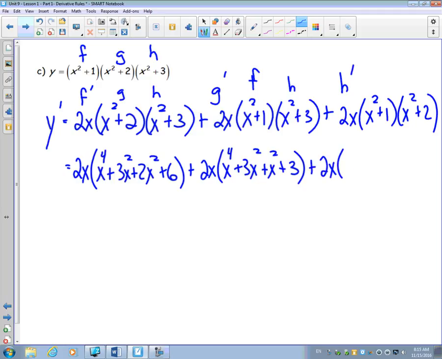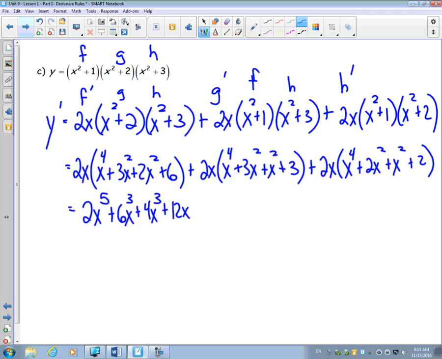And the last one, x to the 4, 2x squared, x squared, and 2. I can multiply everything through by the 2x for each set of brackets just to get rid of that piece. So 2x to the 5 plus 6x cubed plus 4x cubed plus 12x. So we just distributed each one, all 4 of them. Same thing for the next one.